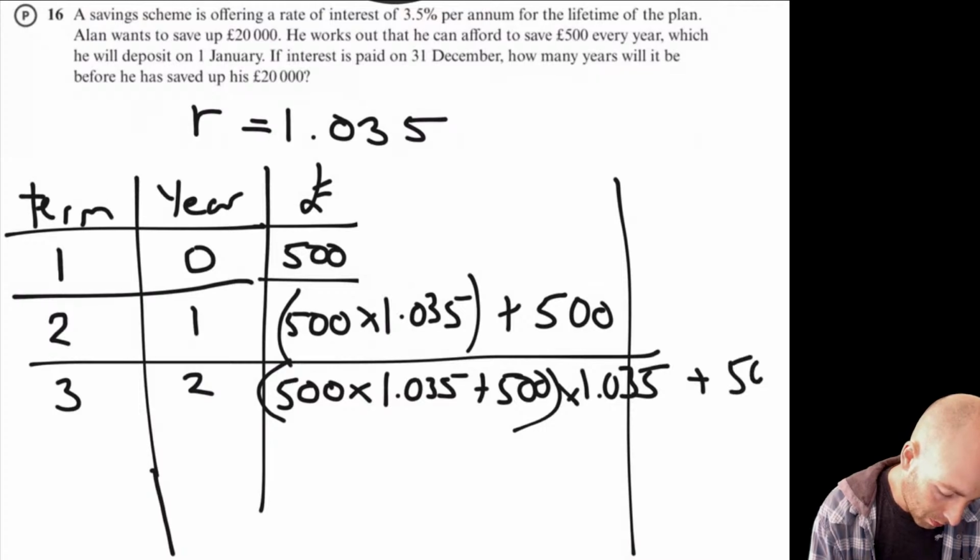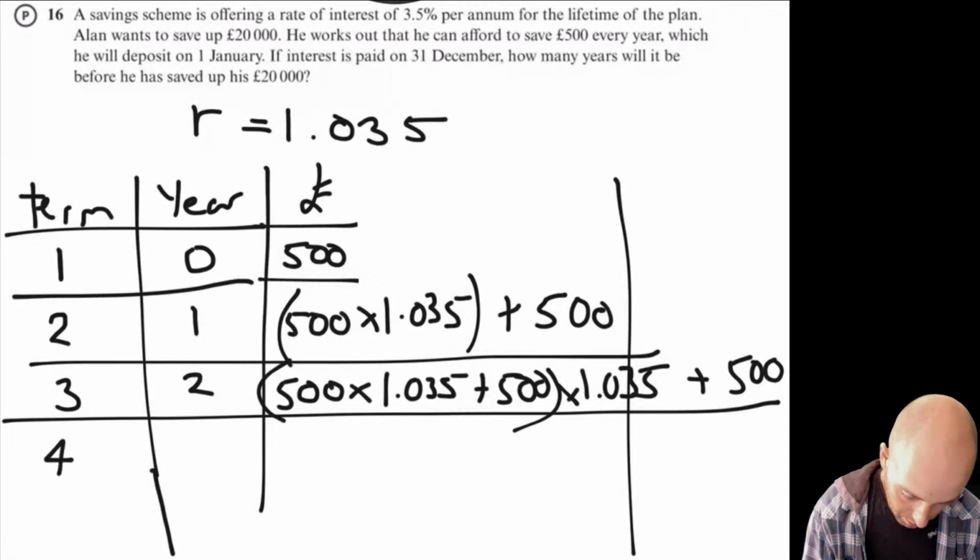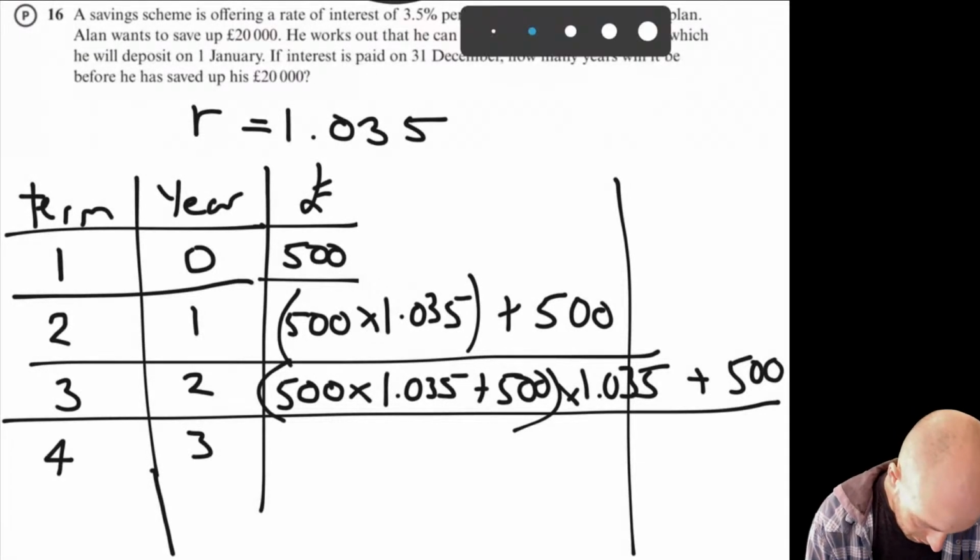And then we add 500 because he adds in another 500. And this is going to progress each time. I'm going to run out of space.